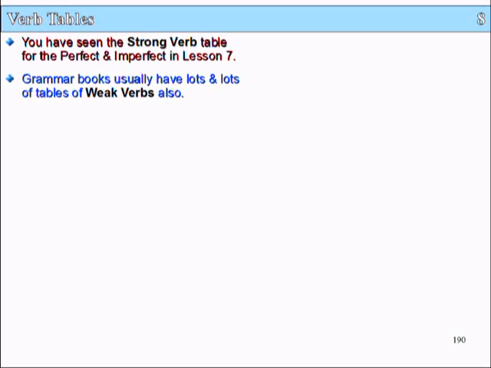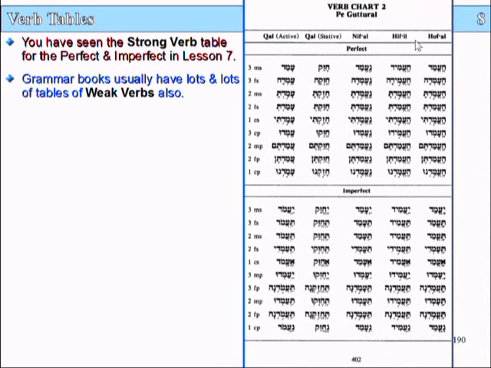Here's an example of a chart, this one from Page H. Kelly's book. This is the pay guttural verb, and you'll see how the vowels and consonants work in the various conjugations and verb stems.